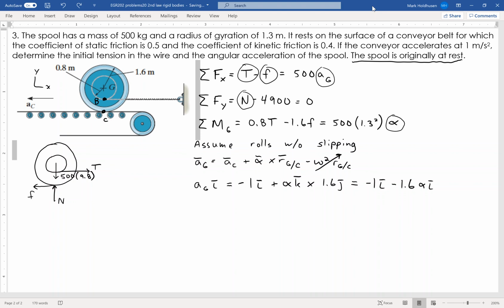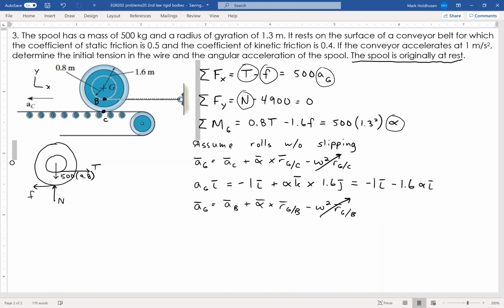So I'm going to write the same equation, but do it with respect to B because I know for sure it rolls without slipping on that cable. So again, I'm going to have AG equals, now this time AB plus the same alpha crossed with R of G with respect to B, minus omega squared R of G with respect to B. Now, here's the thing.